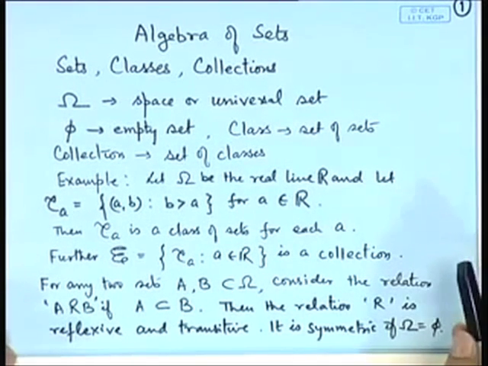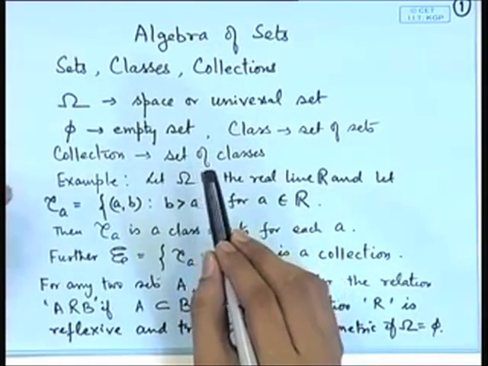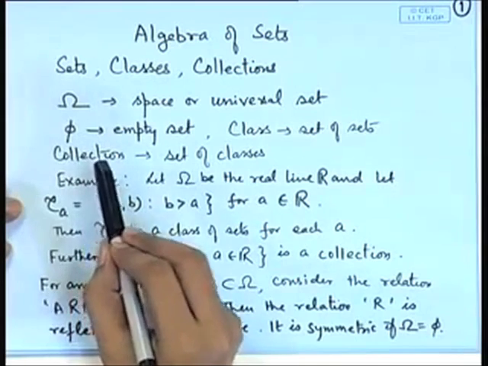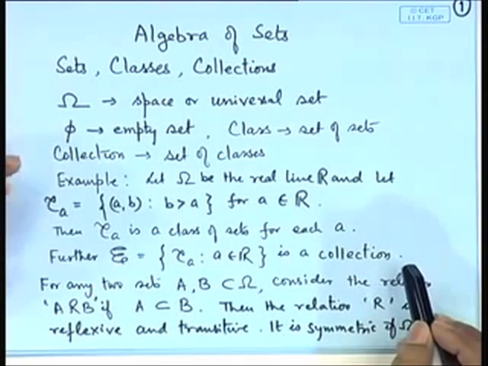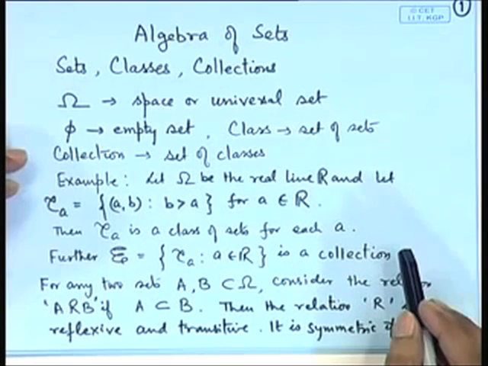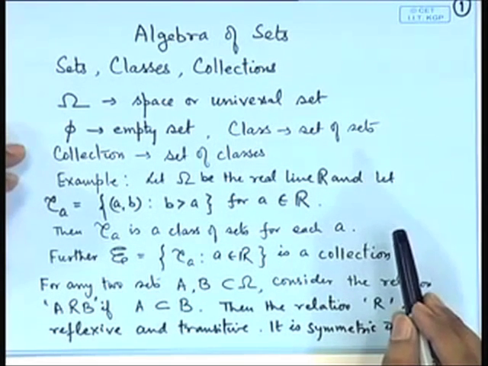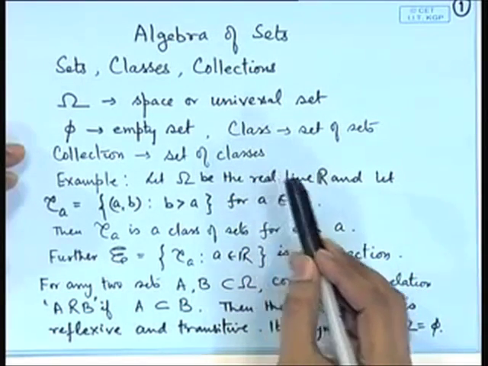So, we start with a universal set, let us call it omega, and then we also have the usual notation for the empty set as phi. We call a set of sets to be a class and a set of classes to be a collection.